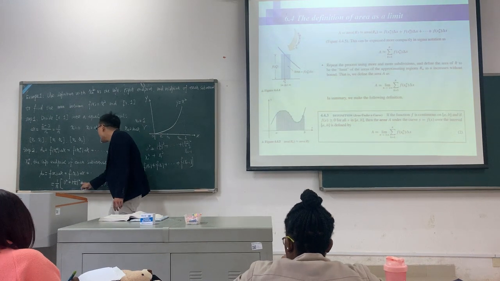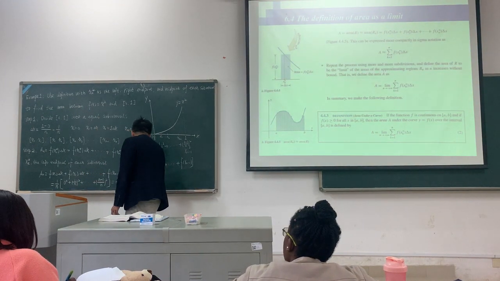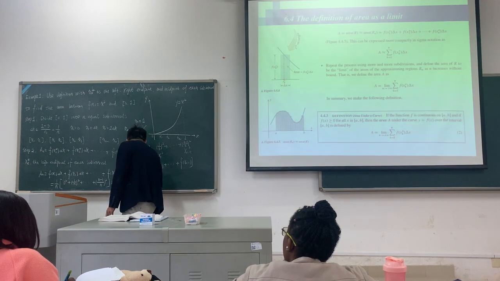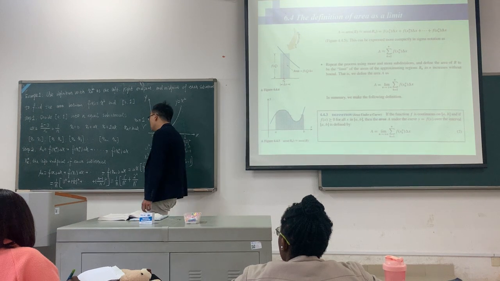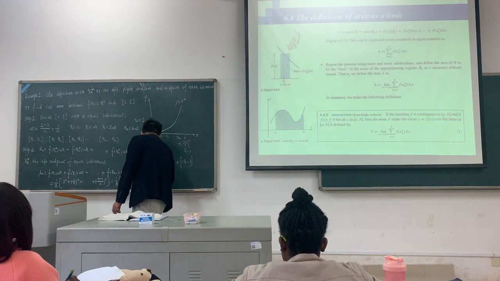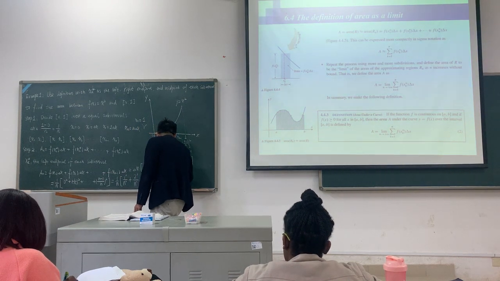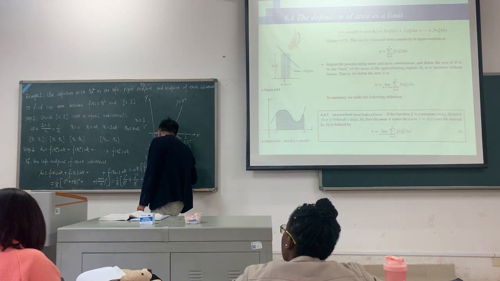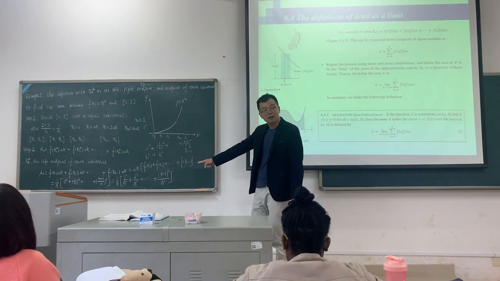Plus the second actually is 2 by n squared, so 2 squared by n squared, yeah? So go on. The last one is n minus 1 squared by n squared, yeah? So here is like this, yeah?